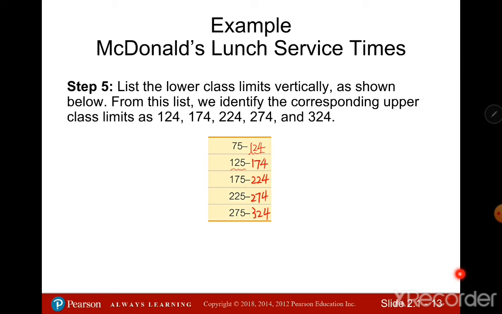Should it be in the first class or in the second class? So we avoid double counting. The upper limit and the next lower limit cannot be the same value. So there will be a gap.